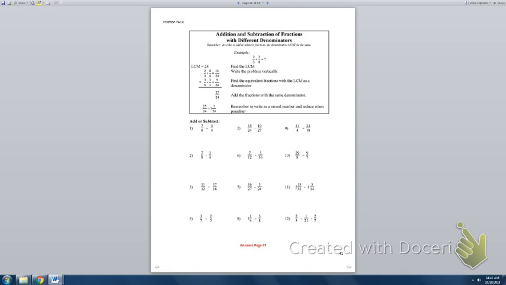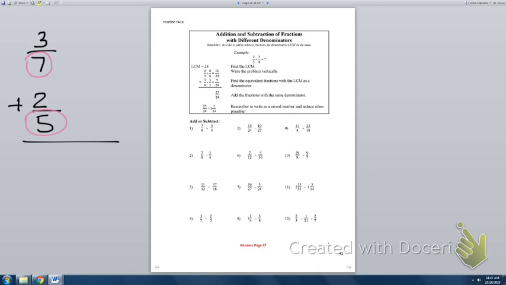Okay, let's jump down to number 4 and do that one. 3/7 plus 2/5. I'm going to look at my denominators. I have 7 and I have 5. I don't have a common denominator.